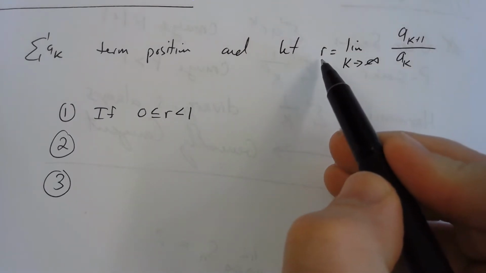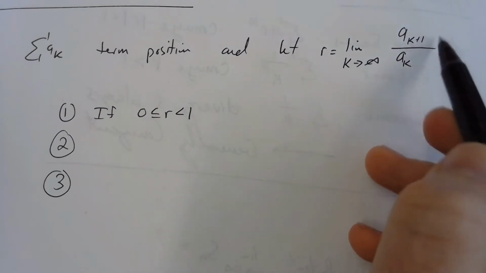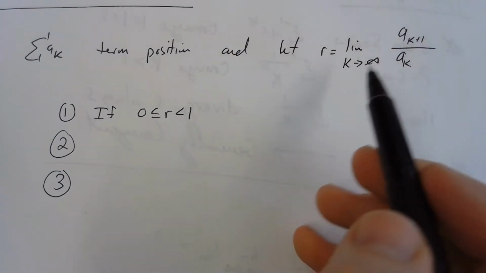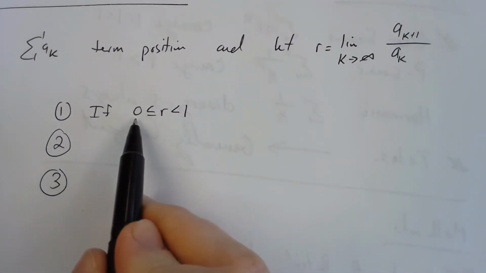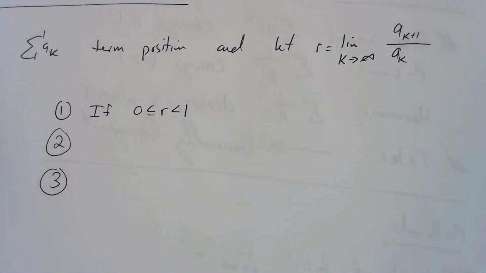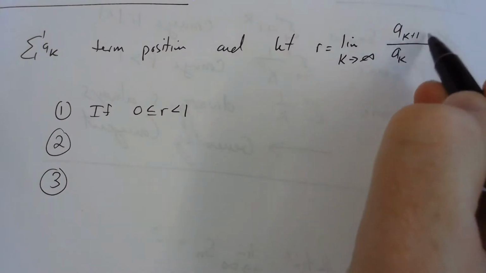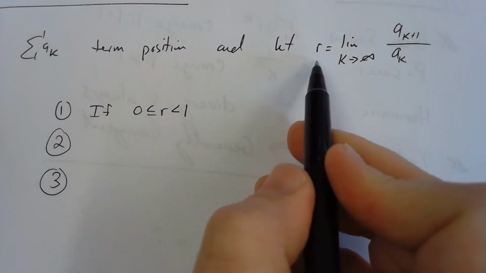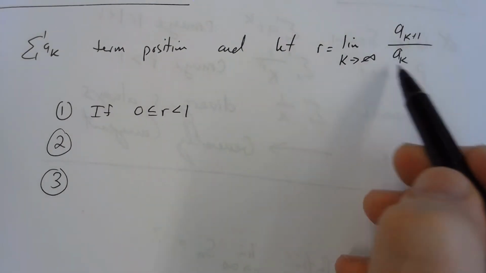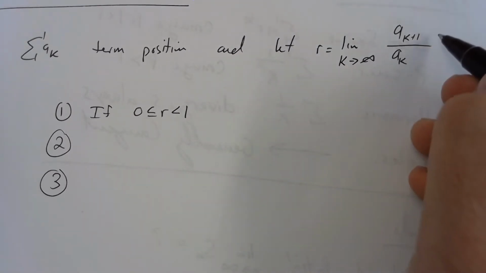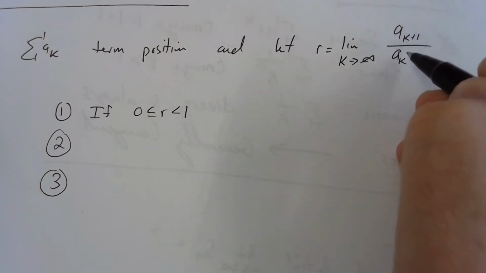If I take the limit as k goes to infinity of this ratio, the next term divided by the previous term, and that ratio approaches a value between 0 and 1, it means these values are fractions less than 1, which means the top term is smaller than the bottom term. And if the ratio r approaches something less than 1, then arguably each term is getting smaller than the last indefinitely.